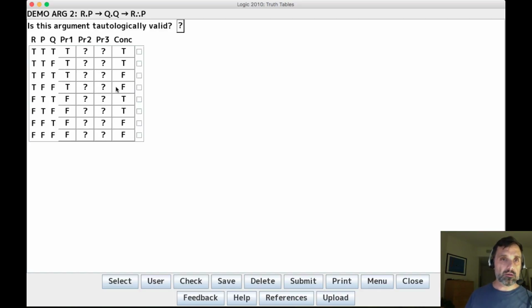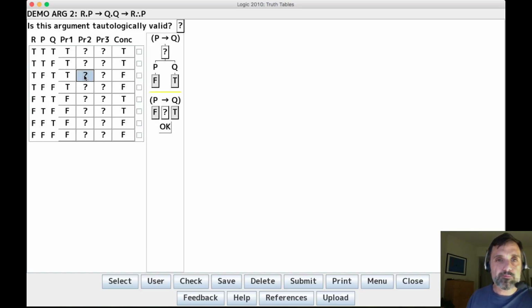So let's see, which row shall we look at first? Let's look at this row. So, okay, if P then Q, false antecedent, true consequent, that's a true conditional.